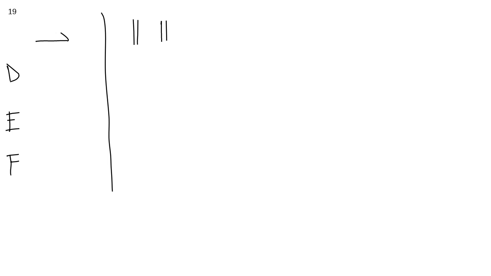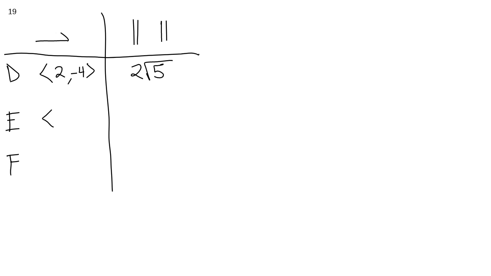We got the vectors D, E, F and we got the magnitudes. The vector D is 2, -4, and the magnitude is 2 root 5. The vector E is 4, 2, and the magnitude is 2 root 5.